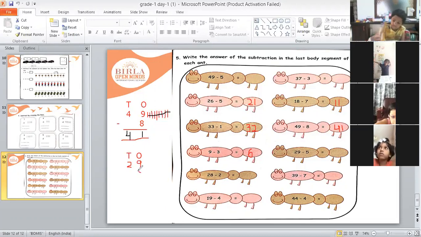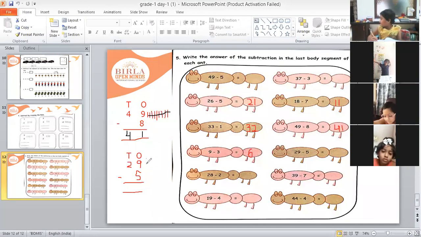Okay, so what we can do is, Ashrita, tell me how many lines we will draw? 9. Yes, in ones place, number is 9. So we'll draw here 9 lines. 1, 2, 3, 4, 5, 6, 7, 8, 9. And how many lines we will cut, Ashrita?